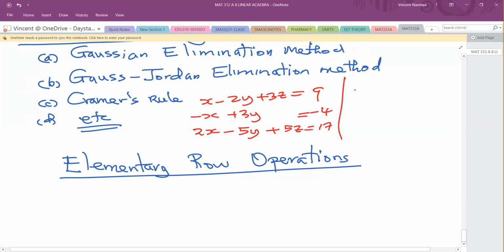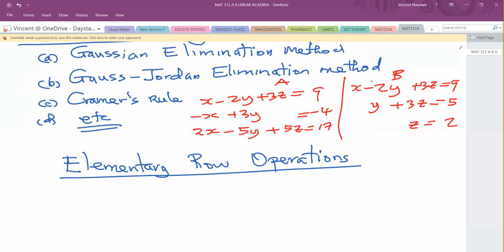And another person gives you the system x minus 2y plus 3z equals to 9, y plus 3z equals to 5, and z equals to 2. Call this system A, this other one system B. Which of those two systems will be easier to solve?